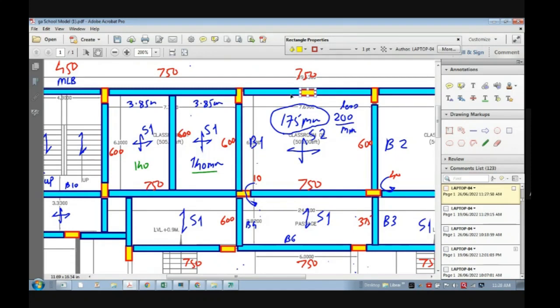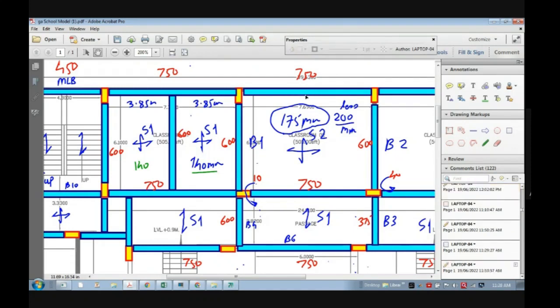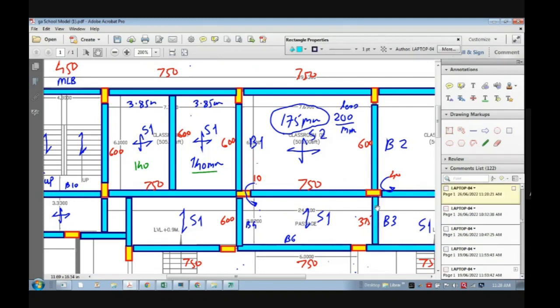If it is not possible to put this column here, then as you said, we can try for doubly reinforced beams. And here, let me tell you, if I want to reduce the depth of this beam B2 का, तो कैसे reduce करेंगे?